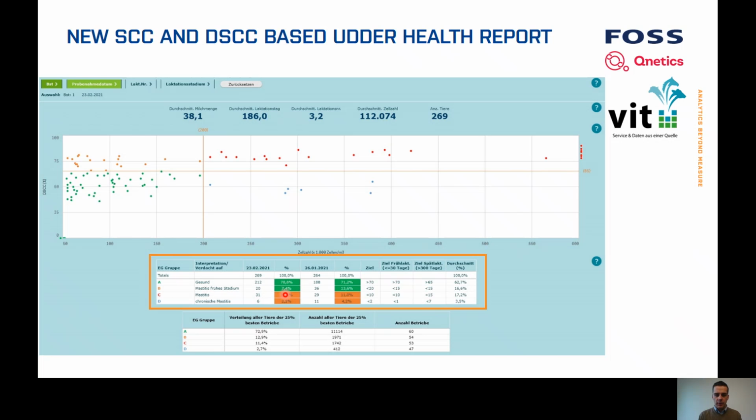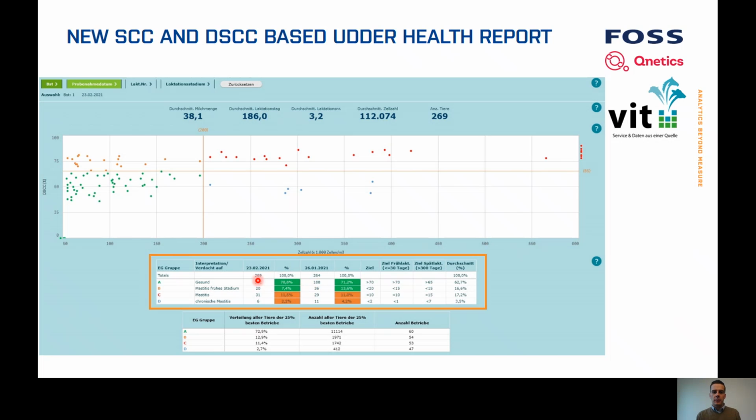What does that mean in percentage? And the percentage results are color-coded in green if the result is better than target, orange if it's between target and average, and the average here is the average of all the neighboring farms. And it would be colored in red if it's worse than average.